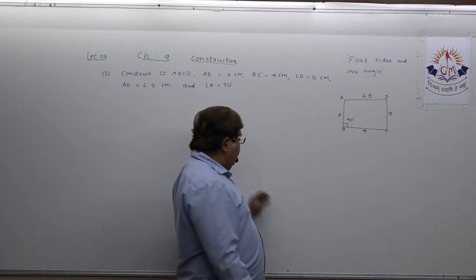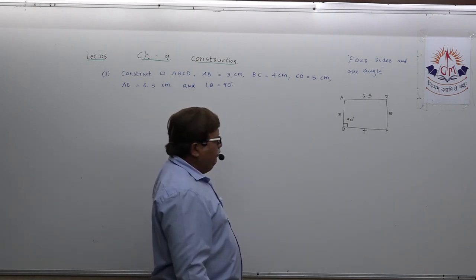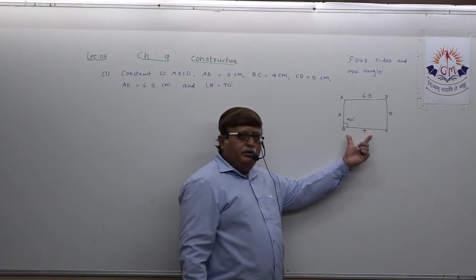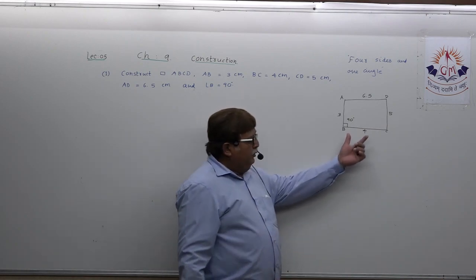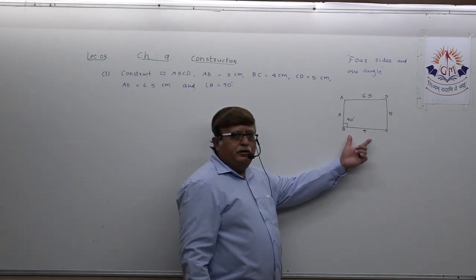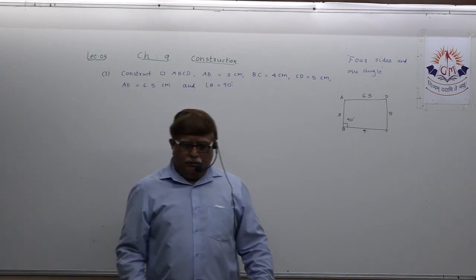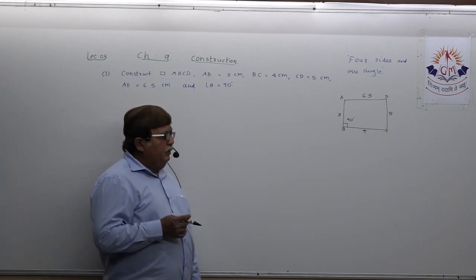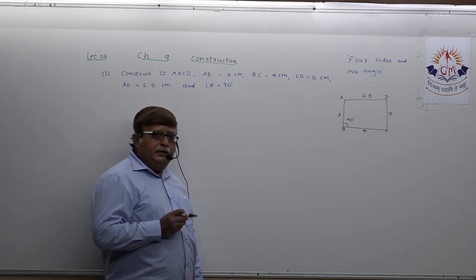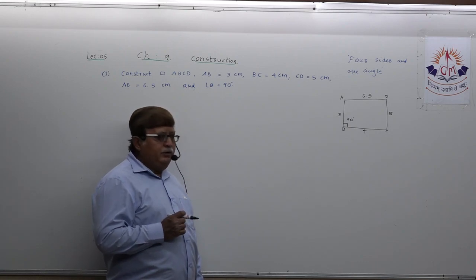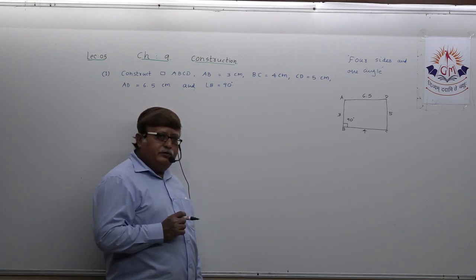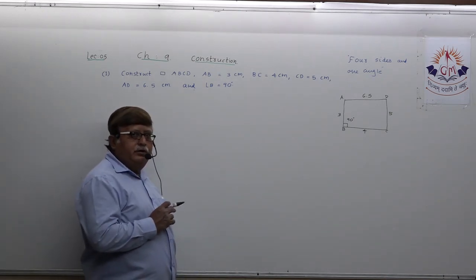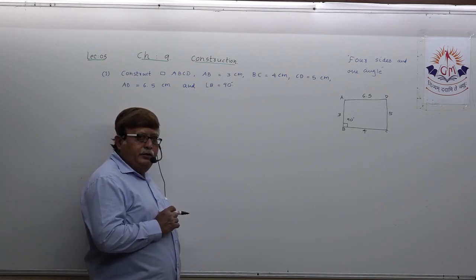So from the rough sketch itself, you will come to know that you can start construction by targeting BC first. Okay. So first, after the rough sketch, we come to know that we can start the construction by side BC. We will target it first. BC is given 4 centimeter.